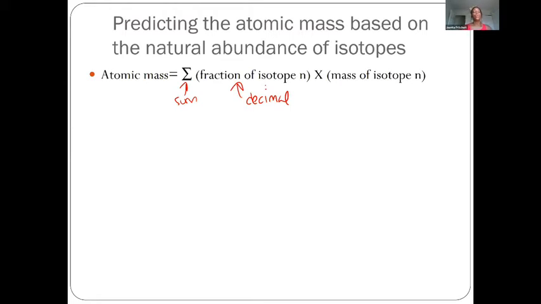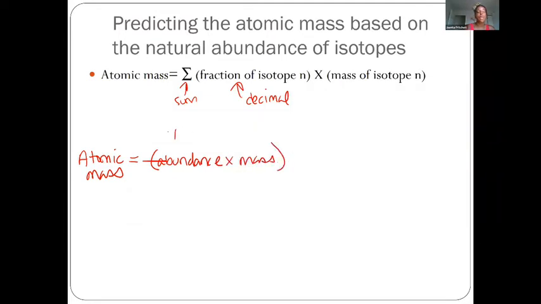And so what you would end up doing is taking information about multiple isotopes and plugging it into this equation. Now let's imagine that we had something that had two isotopes. To calculate the atomic mass, we would take the abundance of the first isotope as a decimal times the mass of that isotope.